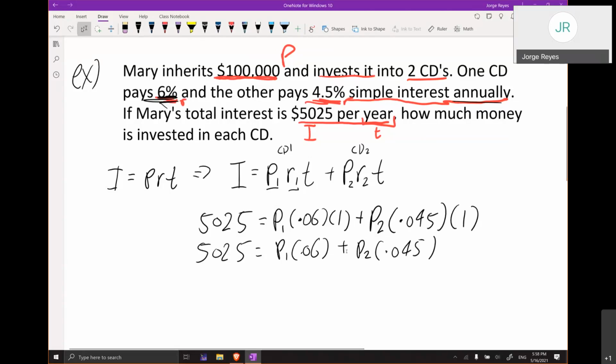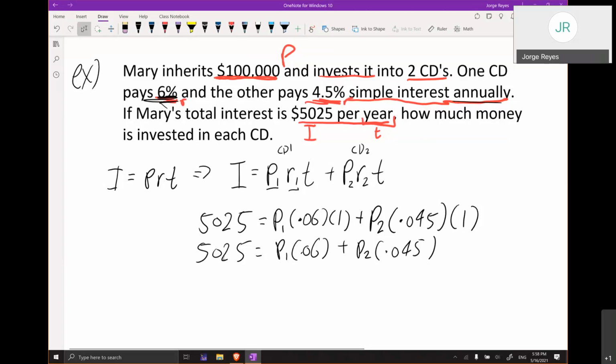And so now we have kind of like a problem, okay? And this is the problem with most word problems: even if you set it up correctly, which is nice, setting it up is the hard part. Now we have to figure out P1, P2, there are two variables and one equation. That's too many to know, right?